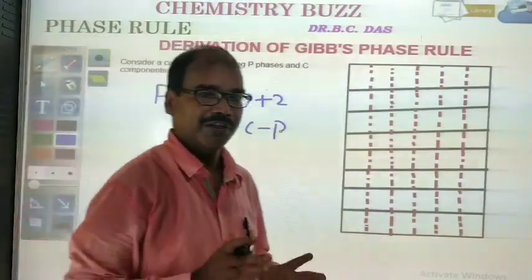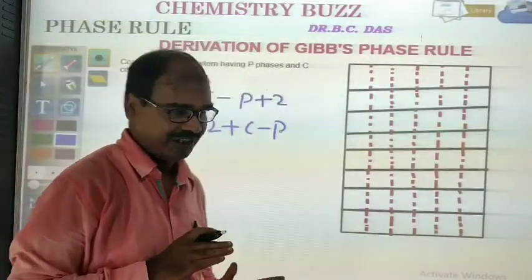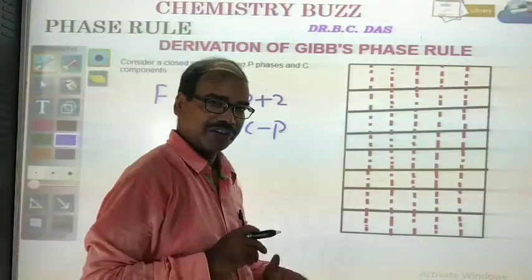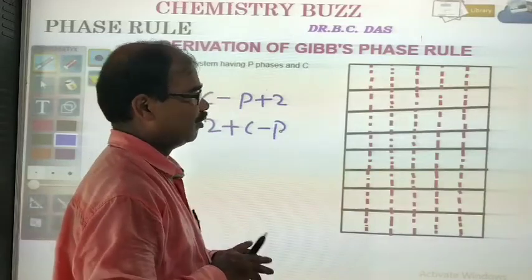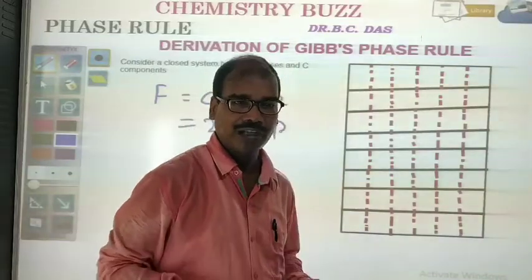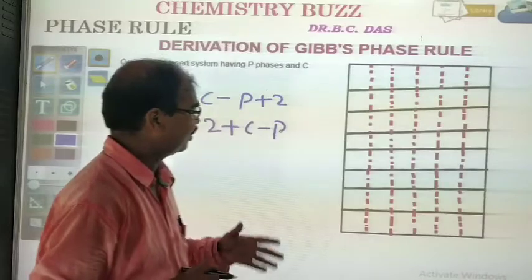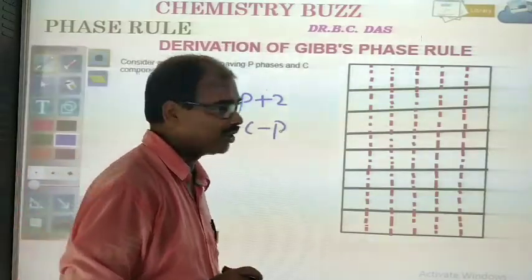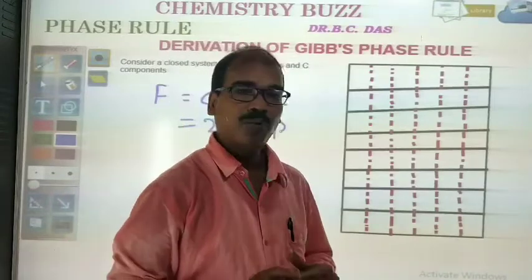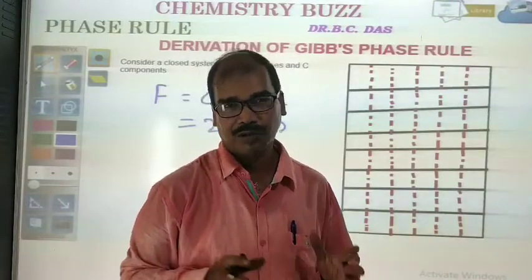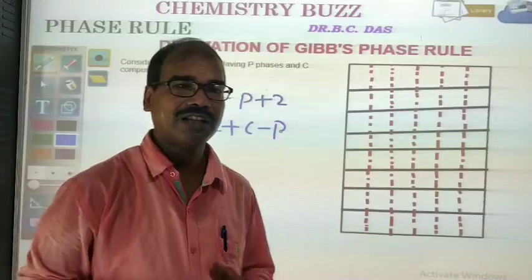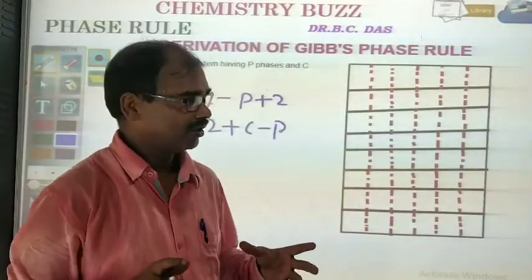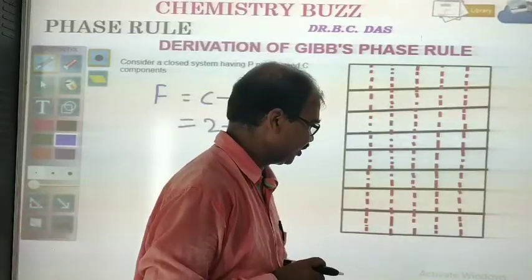For the Gibbs phase rule we have considered the Gibbs free energy, the chemical potential and the mole fractions of different components. First, we counted the total number of variables in the system, and then the number of restrictions, that is the number of relations. The restrictions arise due to the relations between the components or constituents in that system.